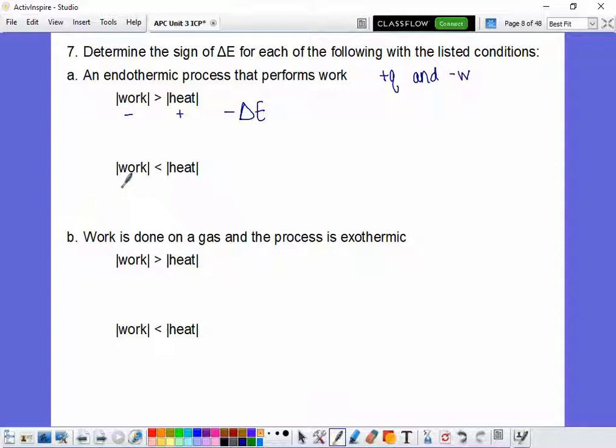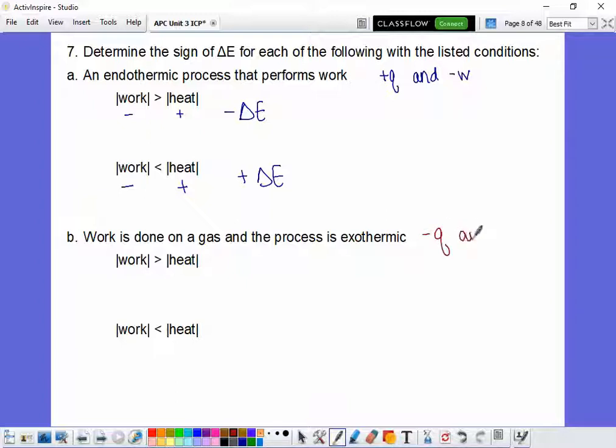All right. When my positive heat is greater than my negative work, what's my overall delta E? Positive. And then for B, we have work being done on the gas, and it's exothermic. So what's my sign for Q? Negative.